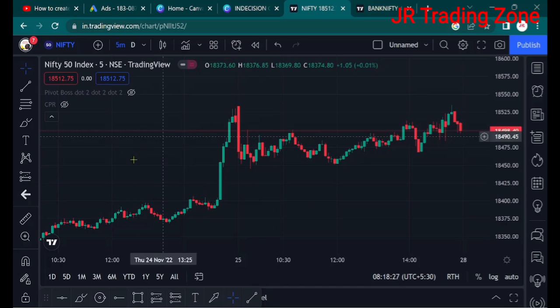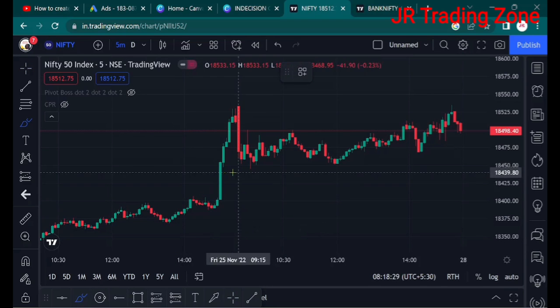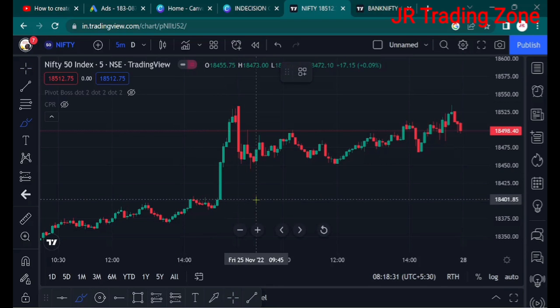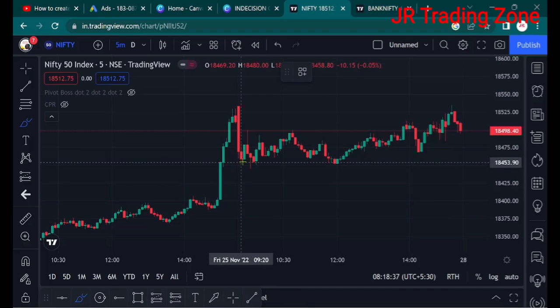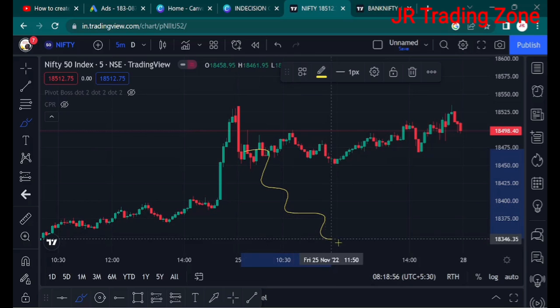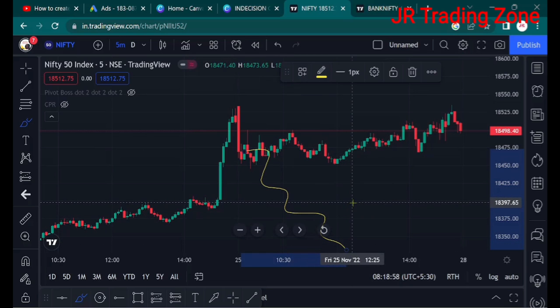The market has to move down. So if a person is following only the candlestick, he will come and sell at this point. He will short this candle, thinking that the market will go like this. I told you we can't use this candlestick without price action.